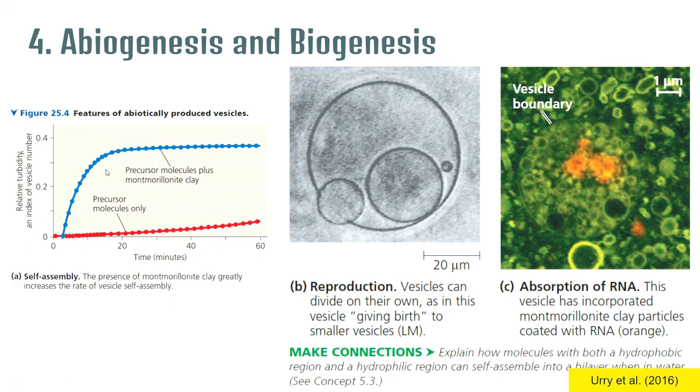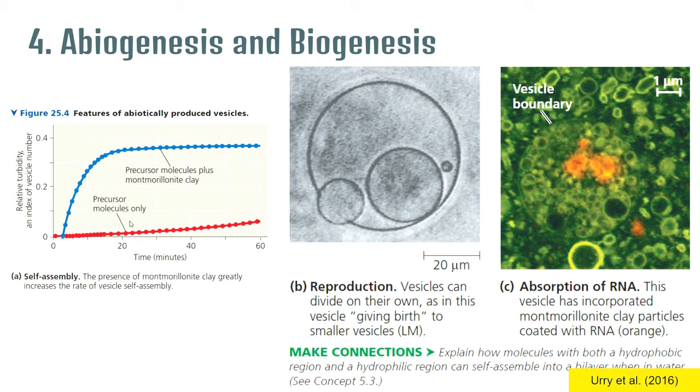So in a span of less than 20 minutes onwards, the precursor molecules plus the montmorillonite clay were able to assemble their own vesicles. Okay? So that's the first thing. And this is probably what happened in the primitive Earth.